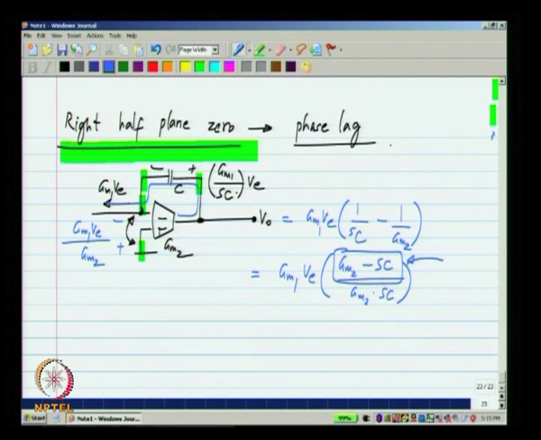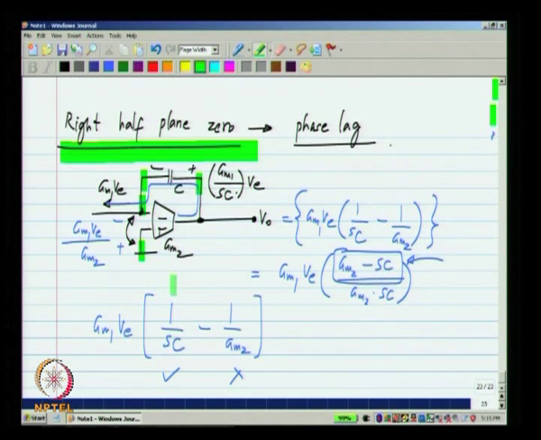Now, by looking at the expression for VO, we can guess what we must do to get rid of this. The expression for VO is the input current to the second stage, which is GM1 VE times 1 over SC, which is the desired term, minus 1 over GM2, which is the undesired term. If we had only the first term here, we would have an integrator of unity gain frequency GM1 by C. So, what can we do to get rid of this?